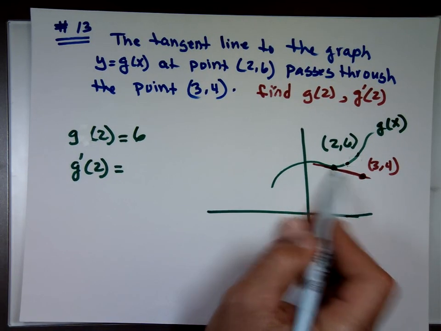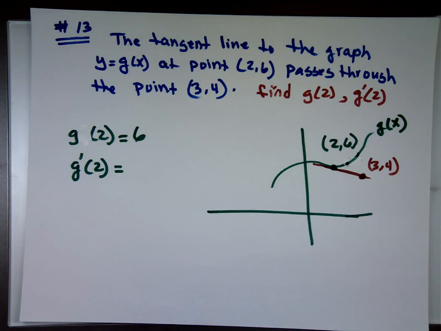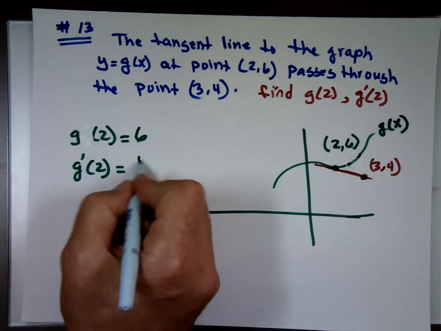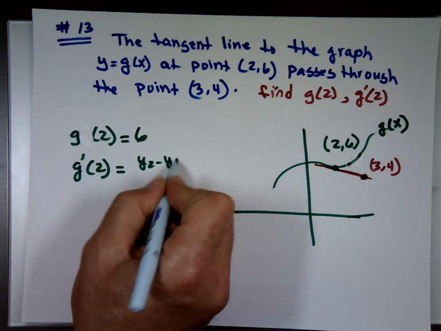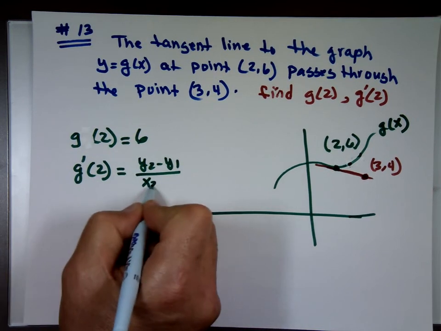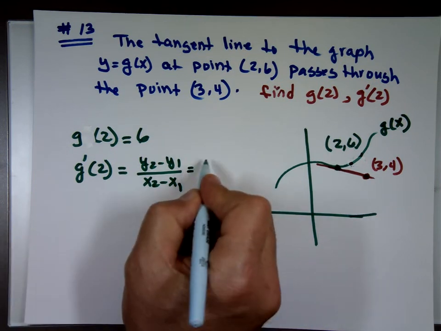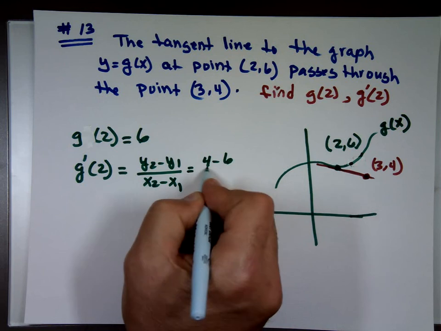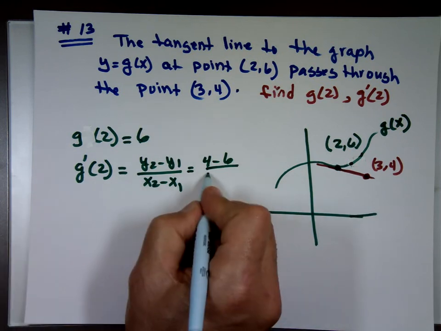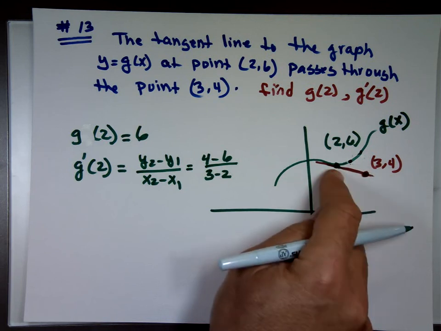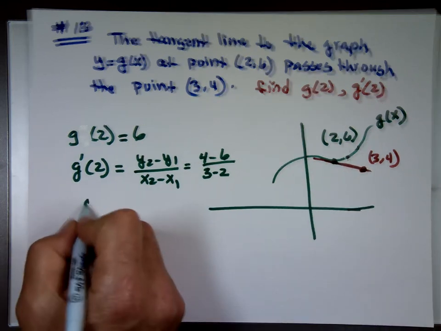What's the slope of that red line? That's a straight line. That's y2 minus y1 over what? x2 minus x1. That's 4 minus 6 over what? 3 minus 2? There's the 2 points. And what do we have? Is that a negative 2?